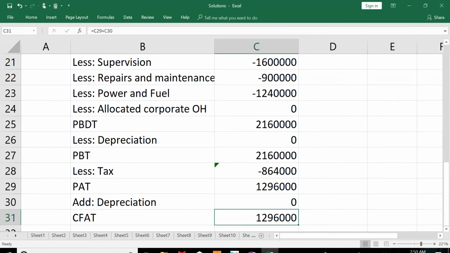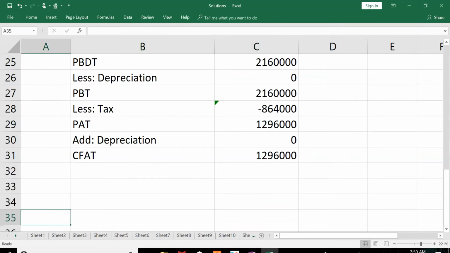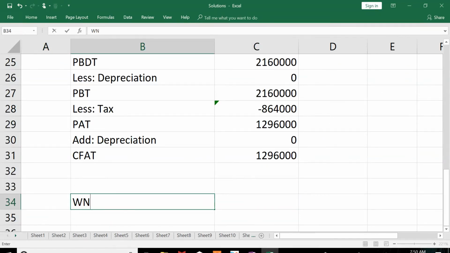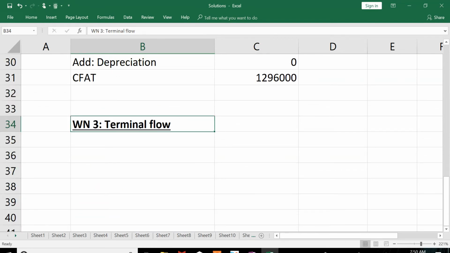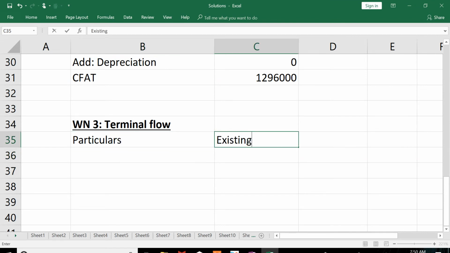Any doubts on this? Working note 3, terminal flow, particulars: existing and new machine, obviously.